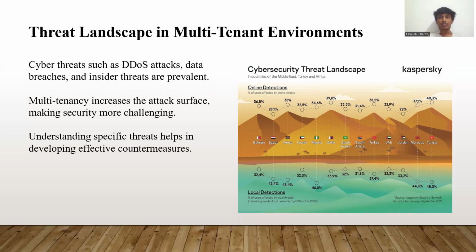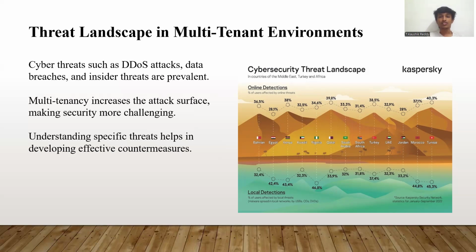This is the cybersecurity threat landscape across the countries of the Middle East, Turkey and Africa. We can see Bahrain, Egypt, Kenya, Kuwait, Nigeria, Qatar, Saudi Arabia, South Africa, Turkey, UAE, Jordan, Morocco, and Tunisia.